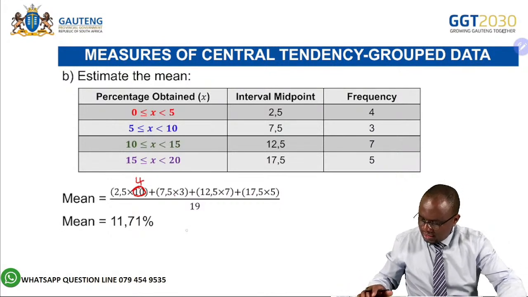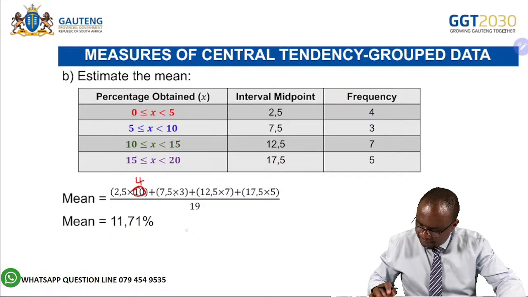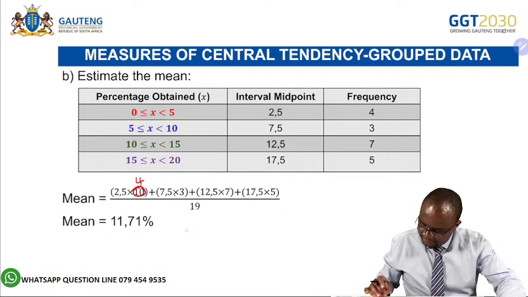Let me just do this and see if we are getting 11,71. Right, let me see. We have 2,5 times 4 plus 7,5 times 3 plus 12,5 times 7 and then plus 17,5 times 5, then divided by 19.